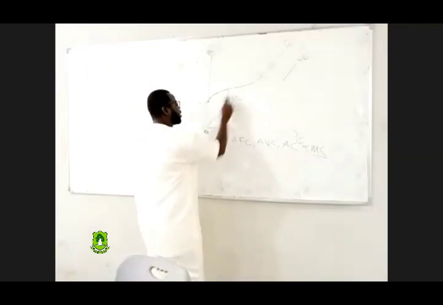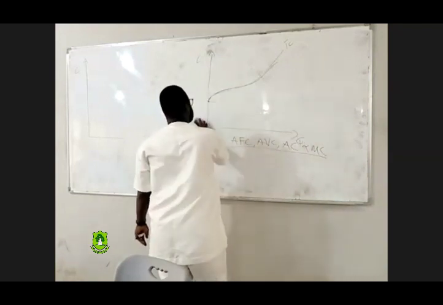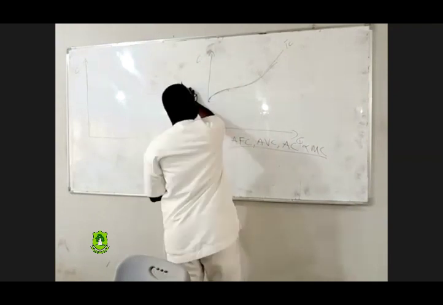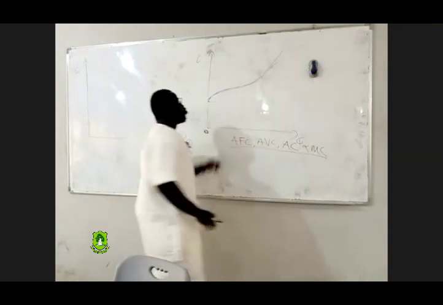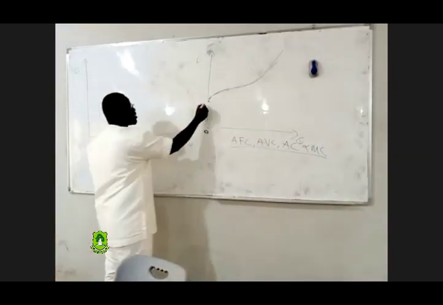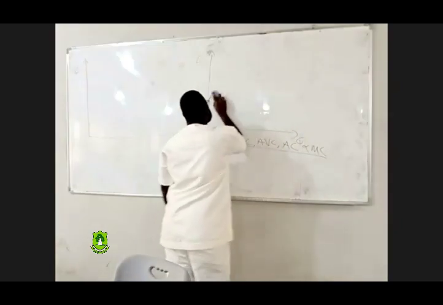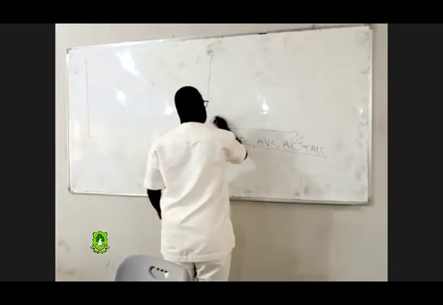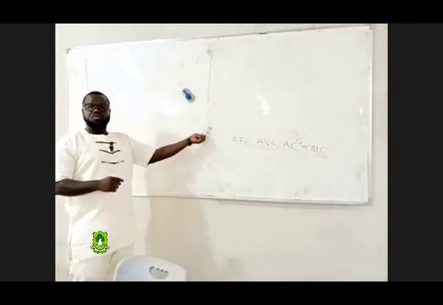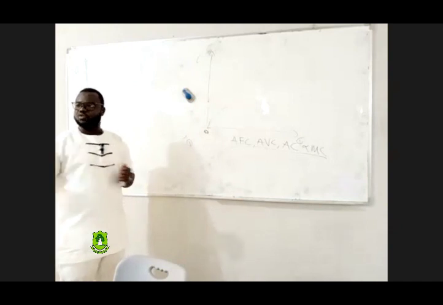So even if I cancel this and leave it this way, even if I don't write this, you should know this is the total cost curve. Why? Just because it is starting somewhere here. And even if I also cancel this, you should know it can never be total cost unless you are assuming fixed cost is zero. Are you getting it?